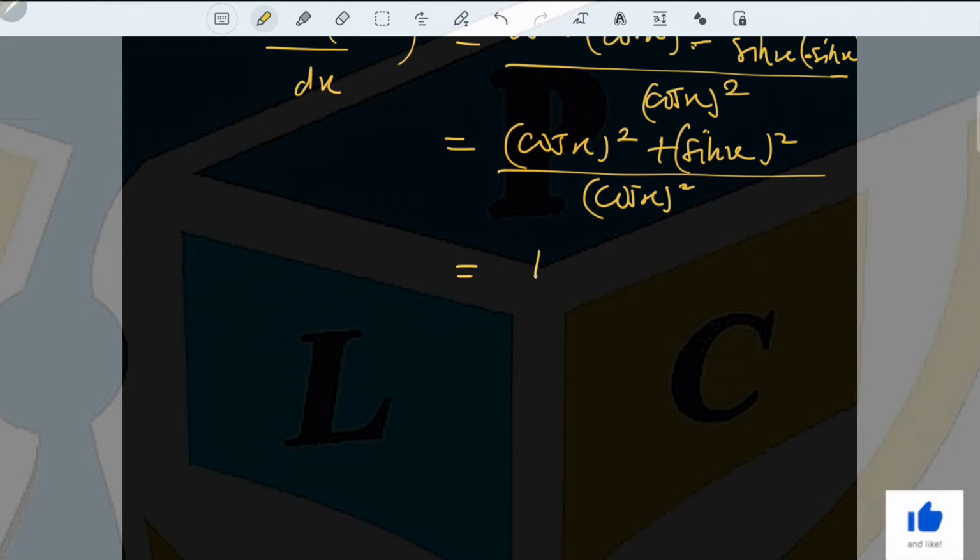So let's take note of that. Therefore it's going to be 1 over cos x squared.